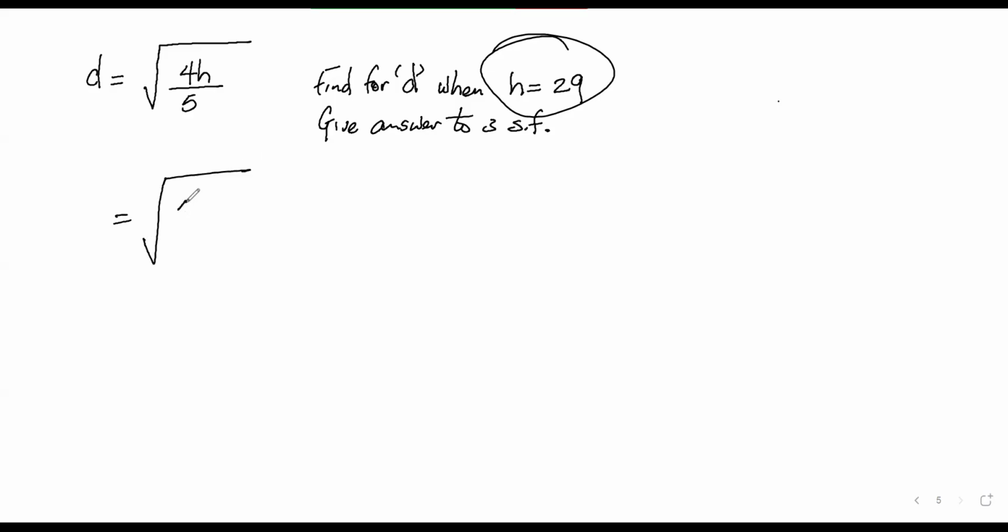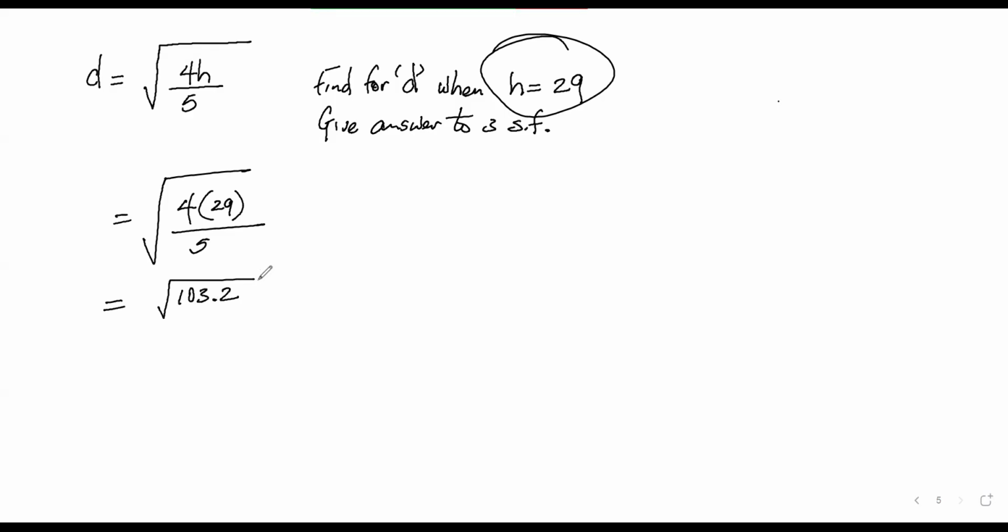So work the inner part under the square root sign first. It's good if you have a good scientific calculator. 29 times 4 is 116, divided by 5 is 23.2. And it's the square root of that.